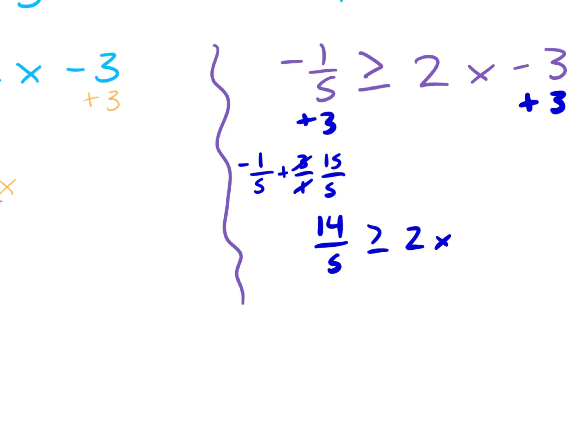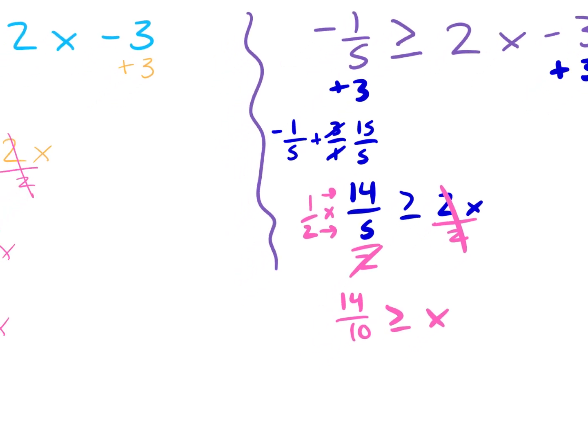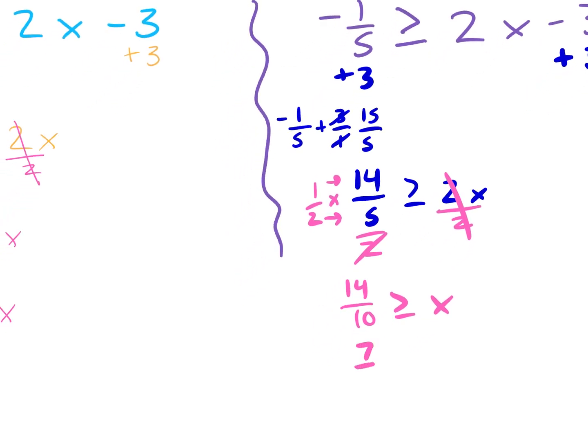What do I do next? Multiply by the reciprocal. So we're technically dividing by 2, which is the same thing as multiplying by 1/2. So when we multiply fractions, we multiply straight across. So we have 14 over 10 is greater than or equal to x. Can I simplify 14 over 10? Yeah. 7 over 5.